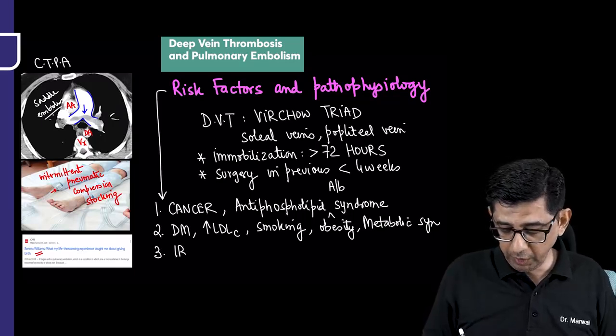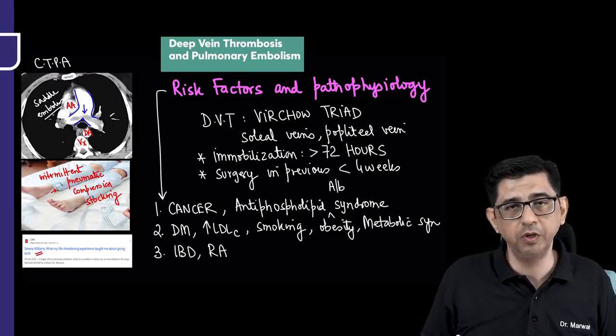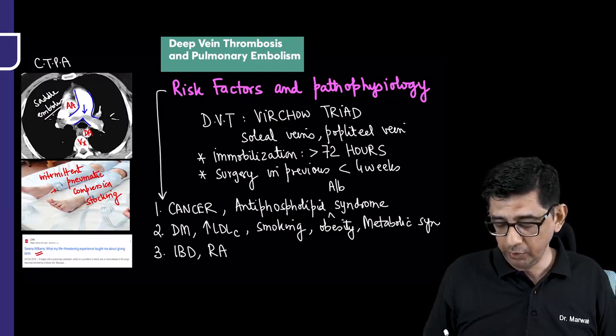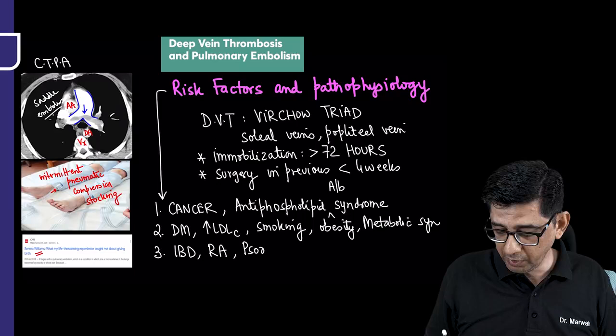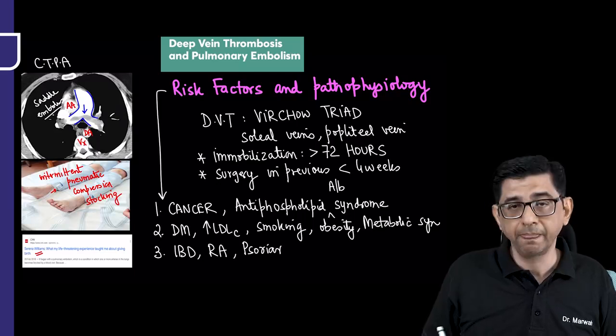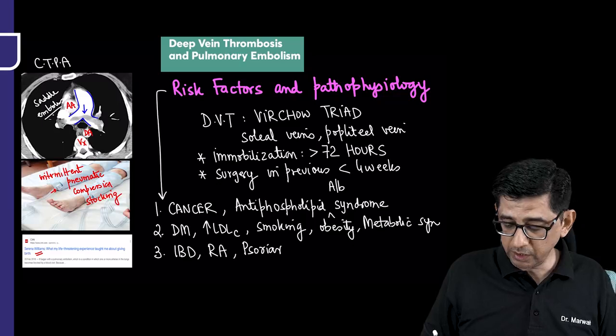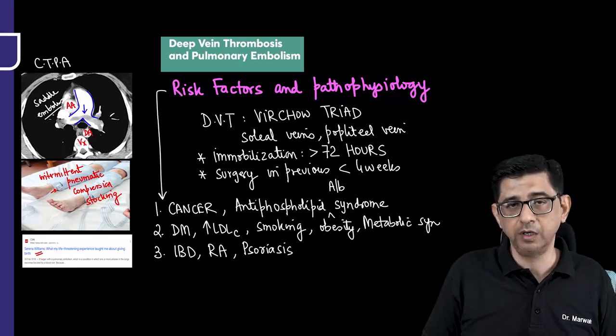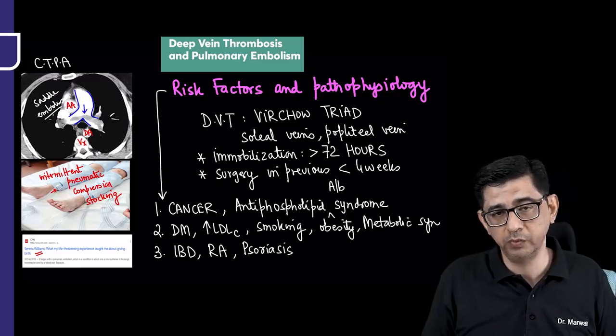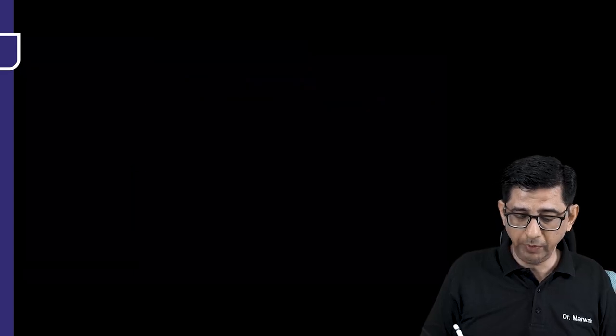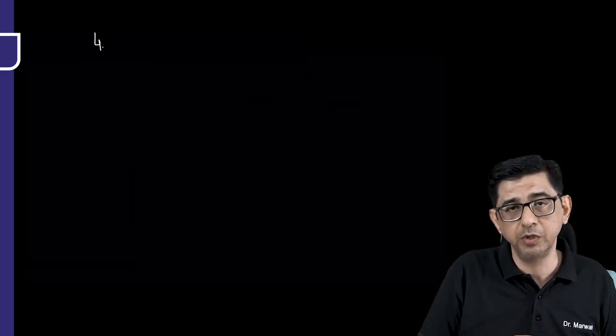Having said that, make no mistake, it might even be the opening line of the question, saying a known case of inflammatory bowel disease or rheumatoid arthritis or psoriasis. So apart from the traditional atherosclerotic risk factors that I have explained to you, even point number 3 is worth its weight in the exam. And then I would like to mention a couple of hypercoagulable states.